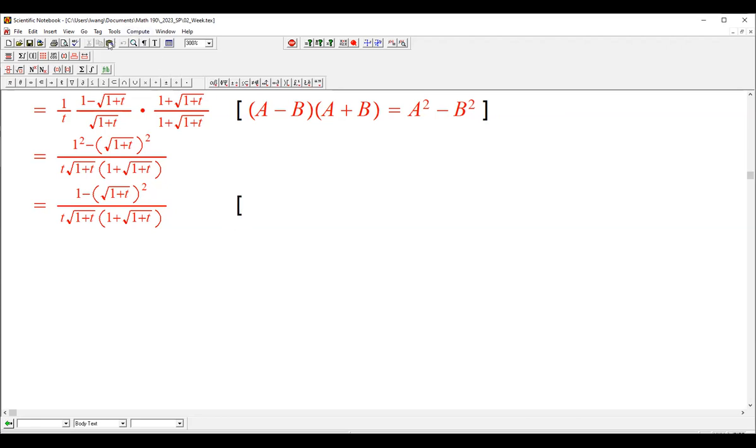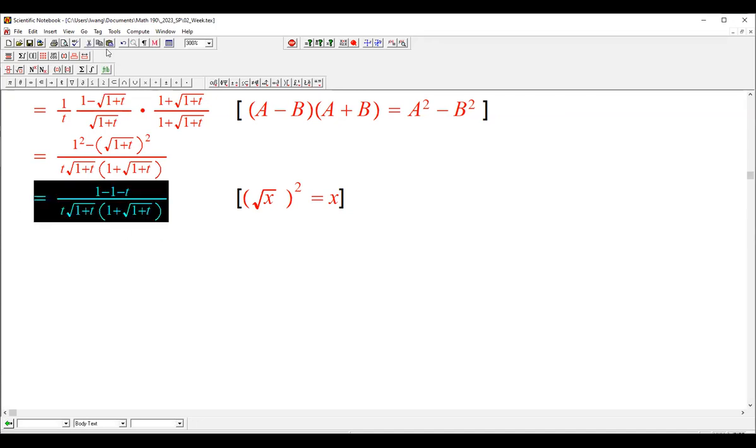So this is 1 plus t. If I just write 1 plus t, I have already committed a mistake. It needs to be in parentheses. If you want to remove the parentheses, then you should have minus t.